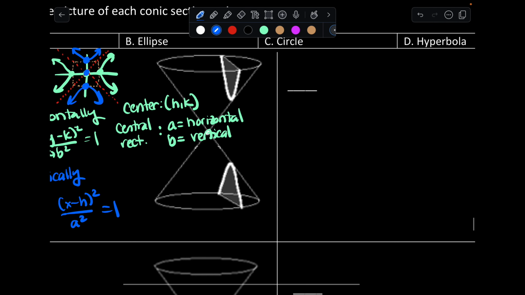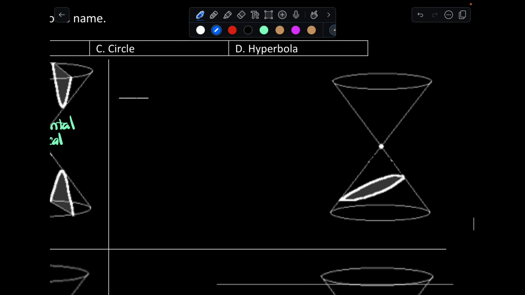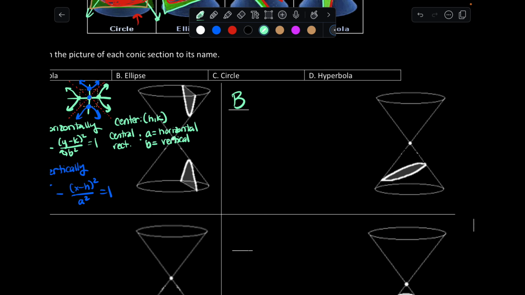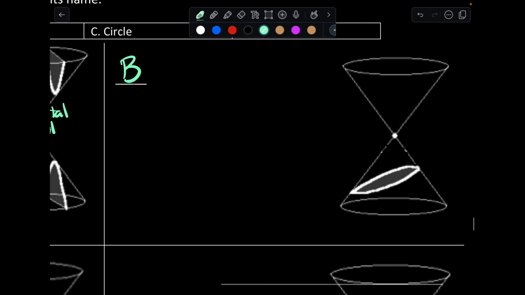All right, the next one is going to be this one. And if we see, this is a closed off shape, so it's not a hyperbola or a parabola, and it's not perfectly rounded, so that means it's going to be our ellipse, and I believe that is B. So for the ellipse, this will also have two types of formulas. However, they will both be positive, okay?